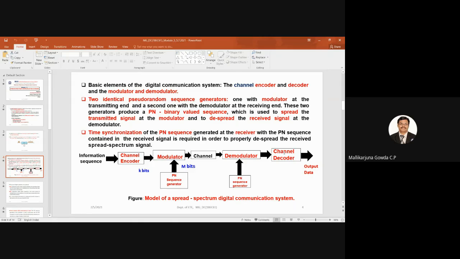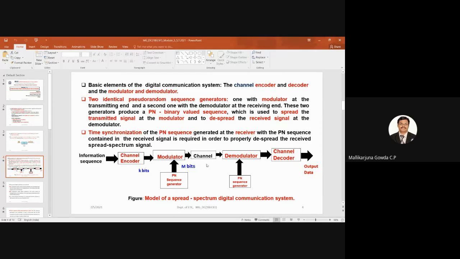One requirement is the time synchronization of the pseudo noise sequence generated at the receiver with the PN sequence contained in the received signal. It should be in synchronism with the pseudo noise sequence transmitted from the transmitter side.